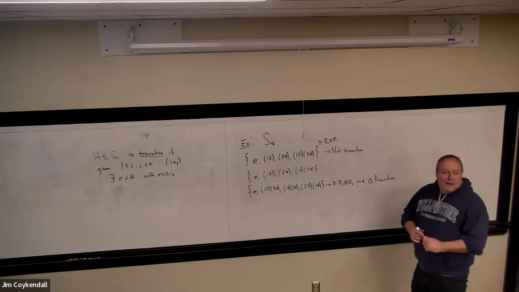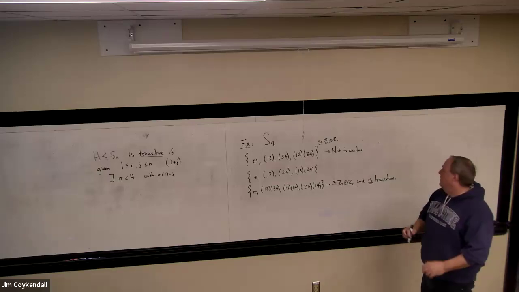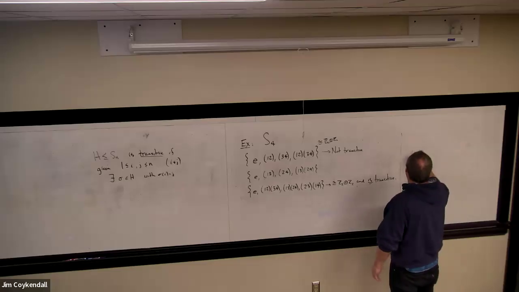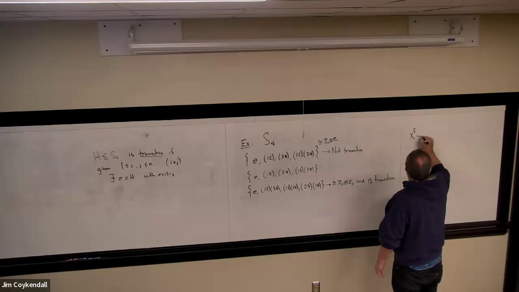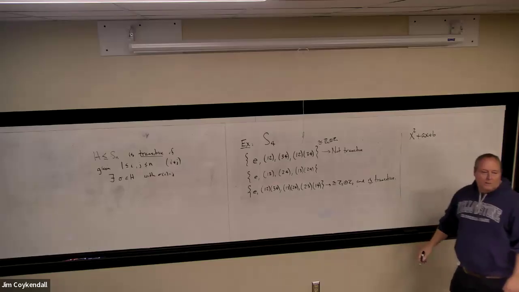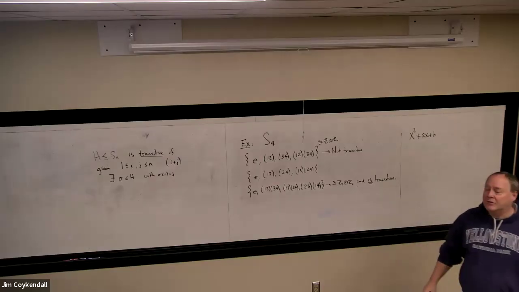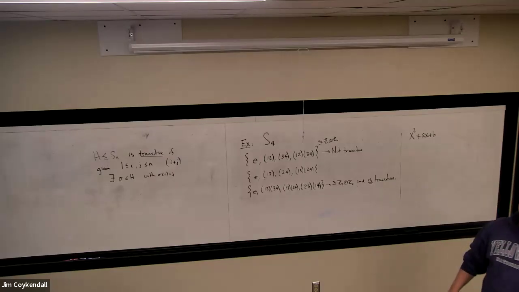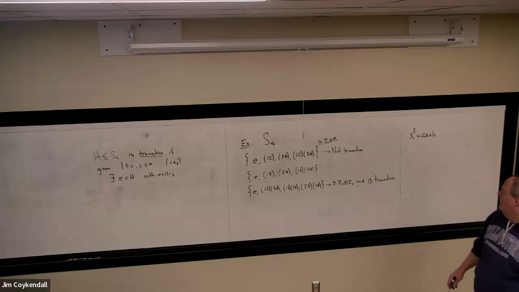Here's one of the reasons the quadratic is kind of easy. If this polynomial is irreducible over a field, it's got 2 roots. Let's say characteristic 0, just to make my life easier.